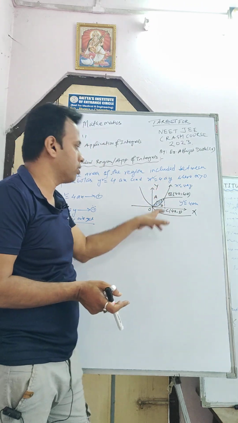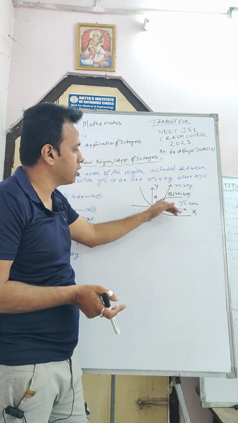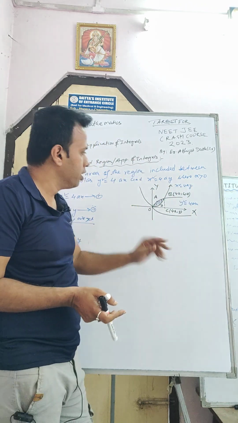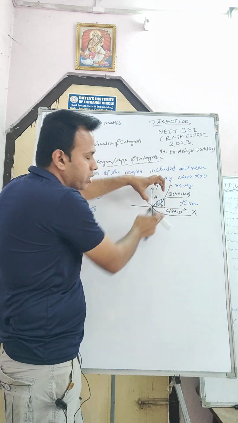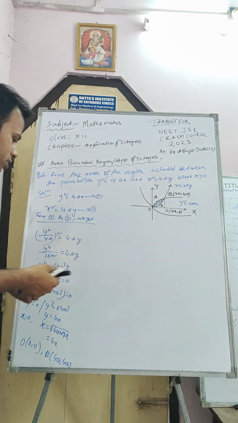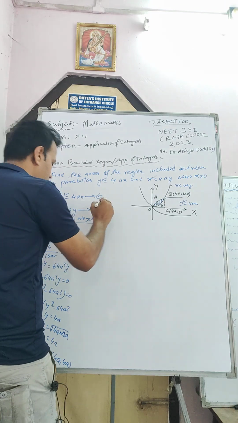First we have to find out using this curve the whole area, and after that we have to find this white area. Okay, and after that what we have to do, the required area will be this whole area minus this part, it will be the shaded area. Okay, so let's try to find out.